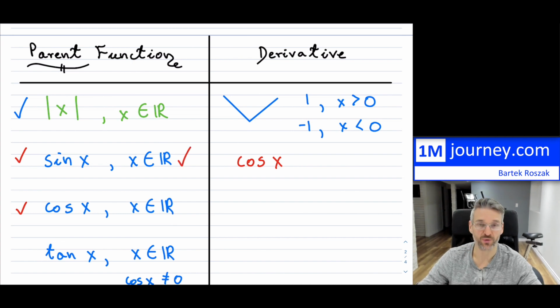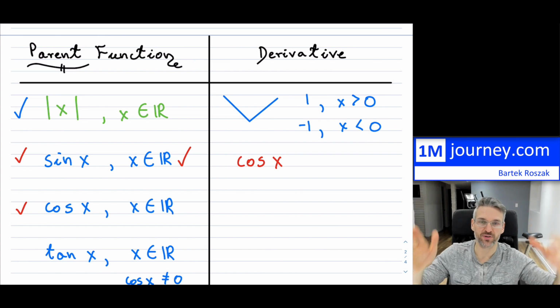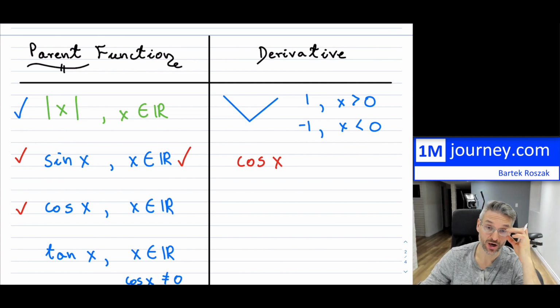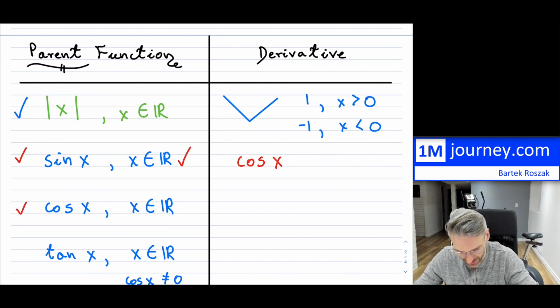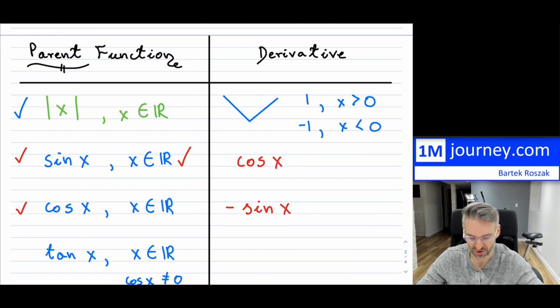We do not run into any problems here, although typically we just take one period of this function because it is periodic. Now for cos of x, the only change is you throw in a negative in front, so you get negative sine x as your derivative. Again, it's defined everywhere. There are no issues here at all.